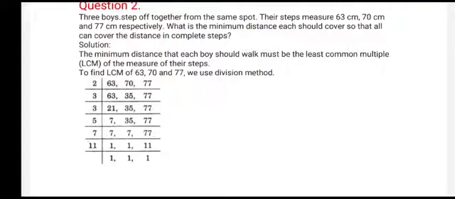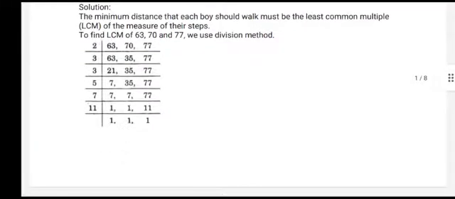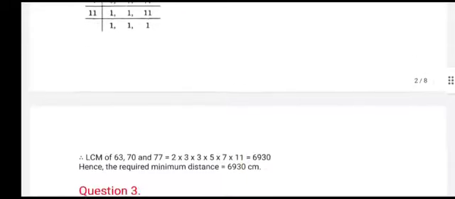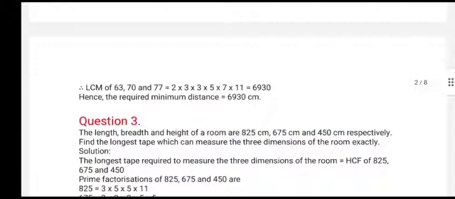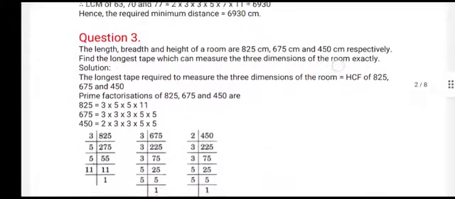For LCM we take one common table of factorization, and doing the common factorization of 63, 70 and 77 together, you get 2 multiplied by 3 multiplied by 3 multiplied by 5 multiplied by 7 multiplied by 11. You get 6930 as the product, and hence the minimum distance required is 6930 centimeters.